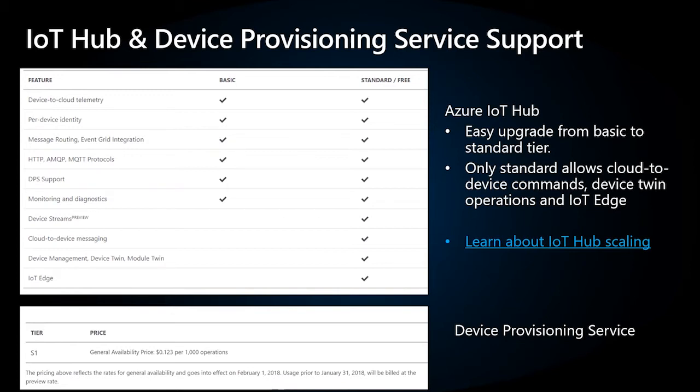One of the other things I want to call out is that Device Provisioning Service is free to use with IoT Hub, but there is a price for having Device Provisioning Service, which is about 12 cents per 1,000 operations. And one thing I'll call out here is I always get the question of what is an operation?